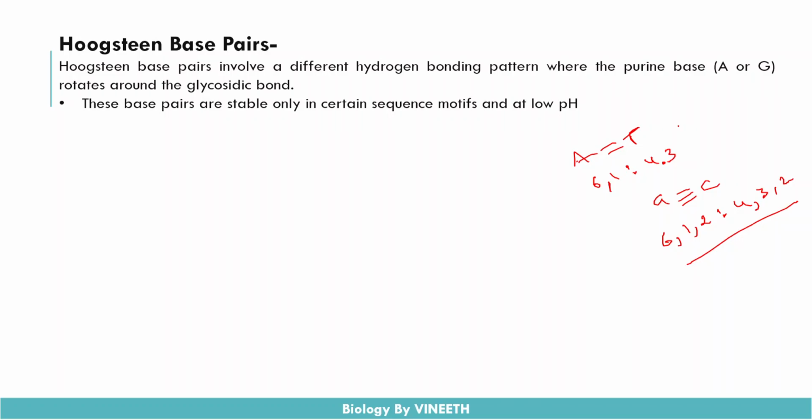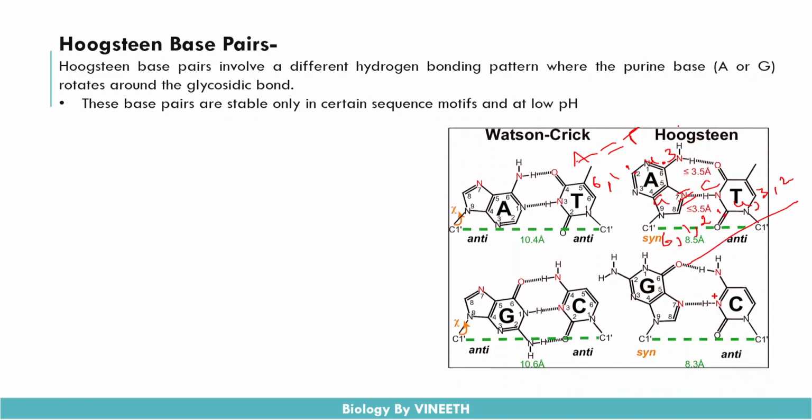At that time, different types of base pairing will be seen, and those kinds of base pairings are called Hoogsteen base pairings. These are majorly seen in certain sequence motifs, like a guanine rich sequence, or under low pH conditions inside the nucleus.